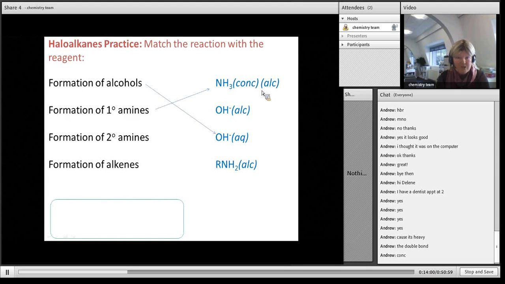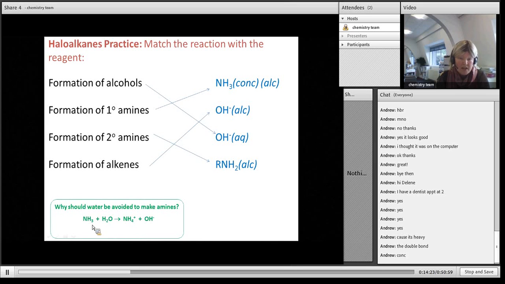And then secondary amines is when I react the haloalkane with a primary amine, and an alkene is an alcoholic OH. Then just as a question, I've always said you only have aqueous forming alcohols, is we just want to get a purer product, because remember, if I take ammonia and I dissolve it in water, I do form OH minus.